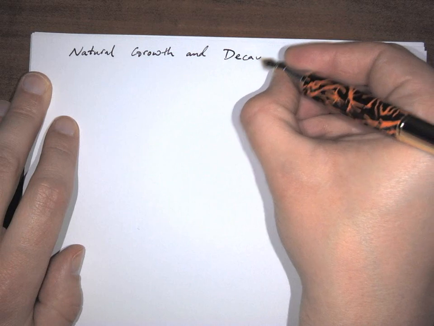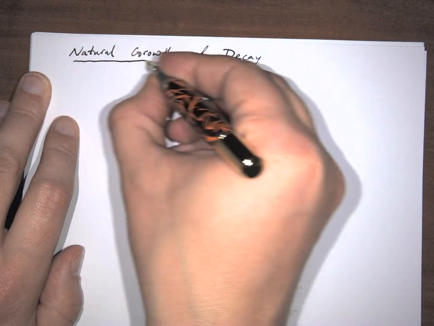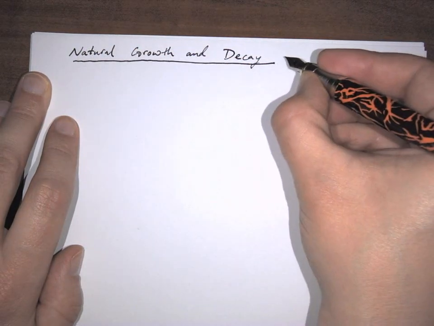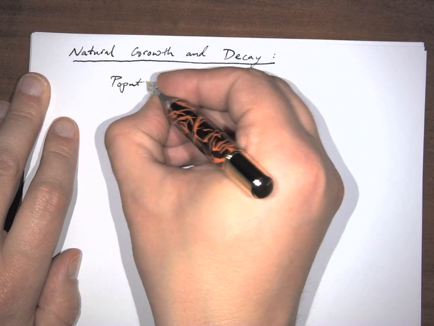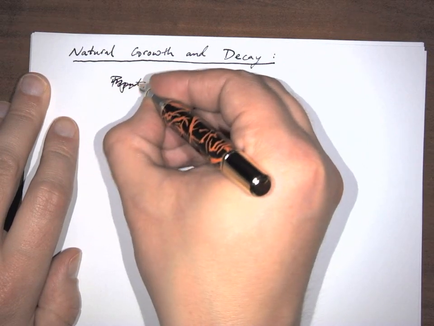Natural growth and decay. So, for example, just population.